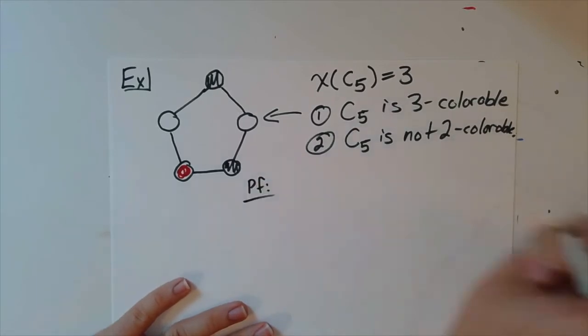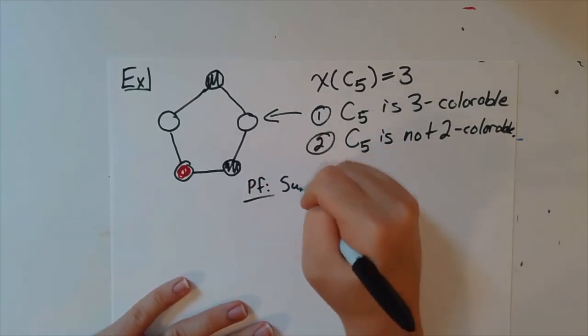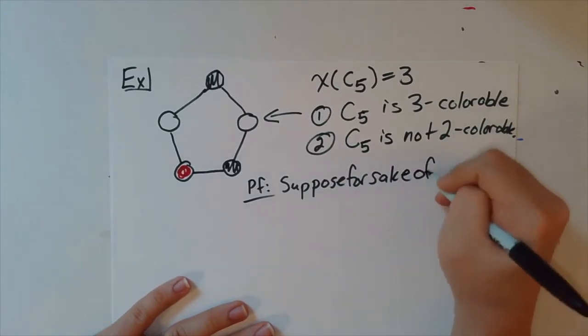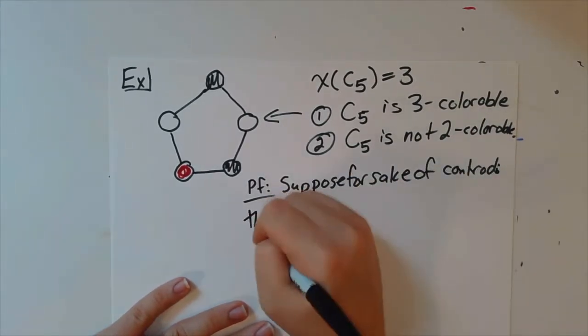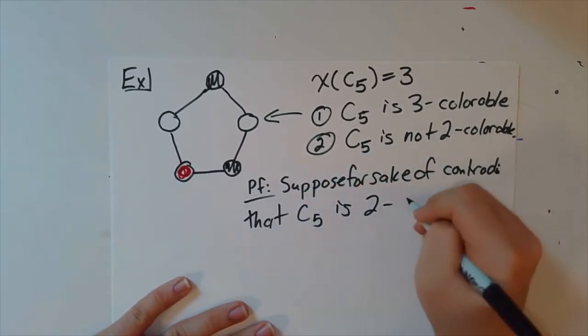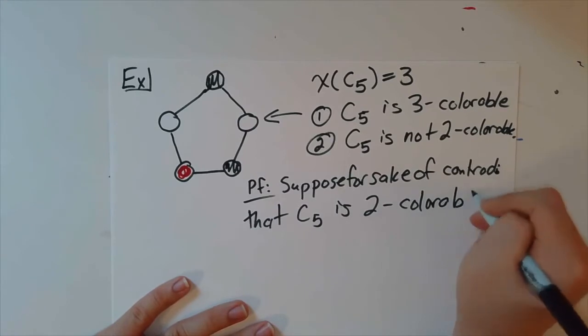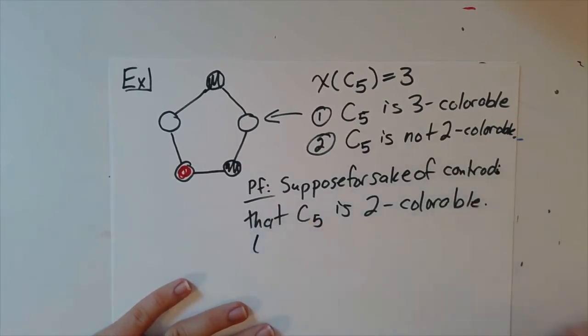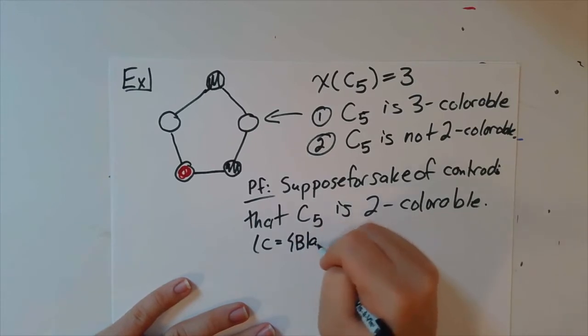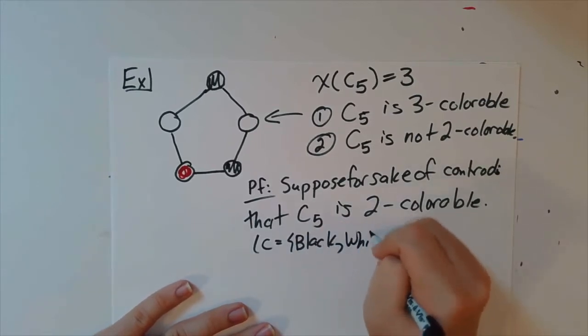Well, I'm going to prove this by contradiction. So suppose, for sake of contradiction, that C5 is 2 colorable. Okay, so then I'm going to just name my color set. C is black and white.